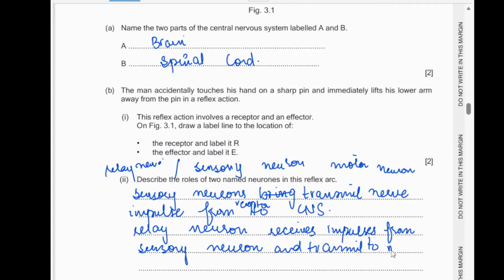Okay, and what is the function of motor neuron? Don't say signals, just say impulses or electrical signals. Add the word electrical, or the better word is nerve impulse. Okay, nerve impulses to the effectors. Or we can write from CNS to effectors. We can write this as well.